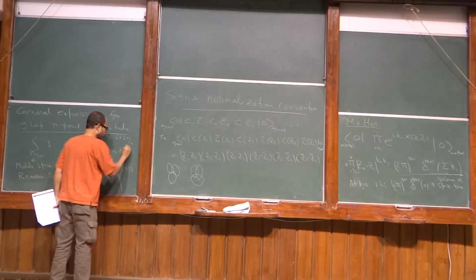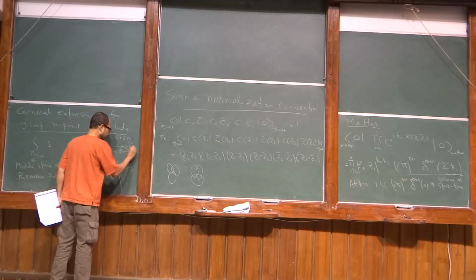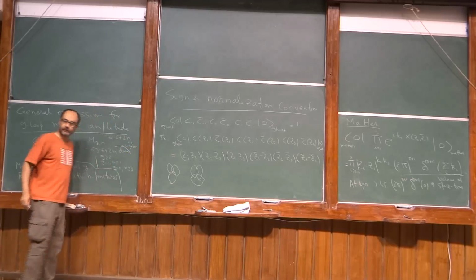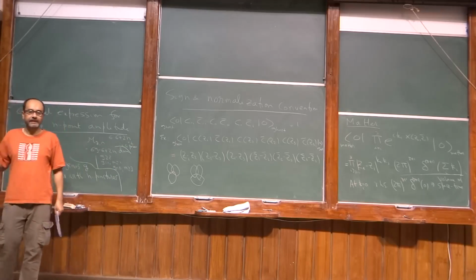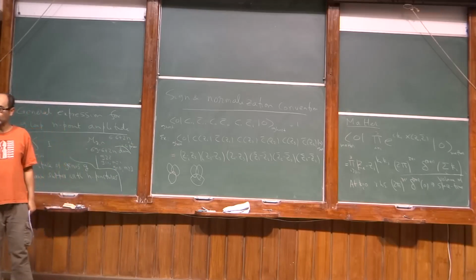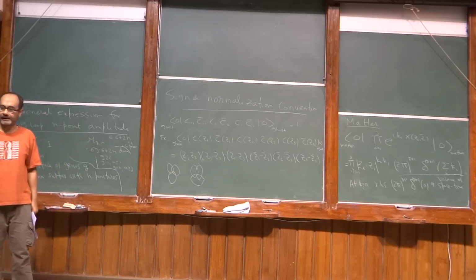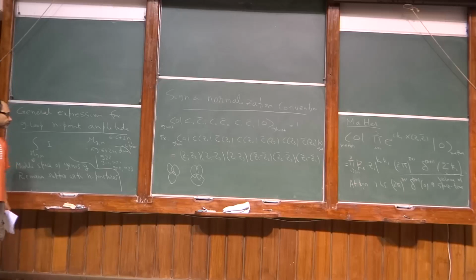So that gives you 4 real parameters. These 4 real parameters are 2 complex parameters. One is the modulus of the torus, and the other is the complex coordinate of one of the points. Is this clear?